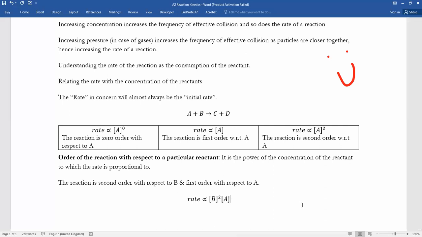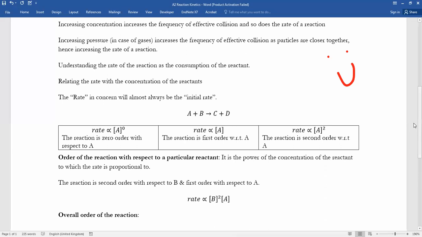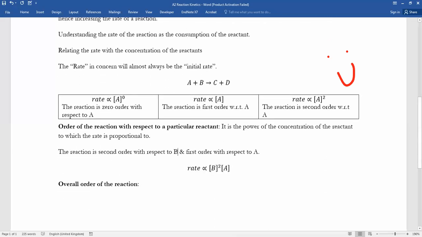Yes, sir. Okay, now another thing, if I ask you, what is the overall order of the reaction? Looking at this example, the order with respect to B is 2. The order with respect to A is 1.